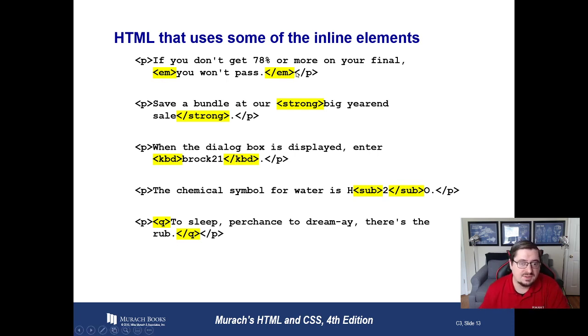EM stands for emphasis. Strong stands for strong. The difference between these two is a little bit fuzzy. But the typical formatting of EM is usually italic, strong is usually bold. You shouldn't use strong to be bold or use EM to be italic.